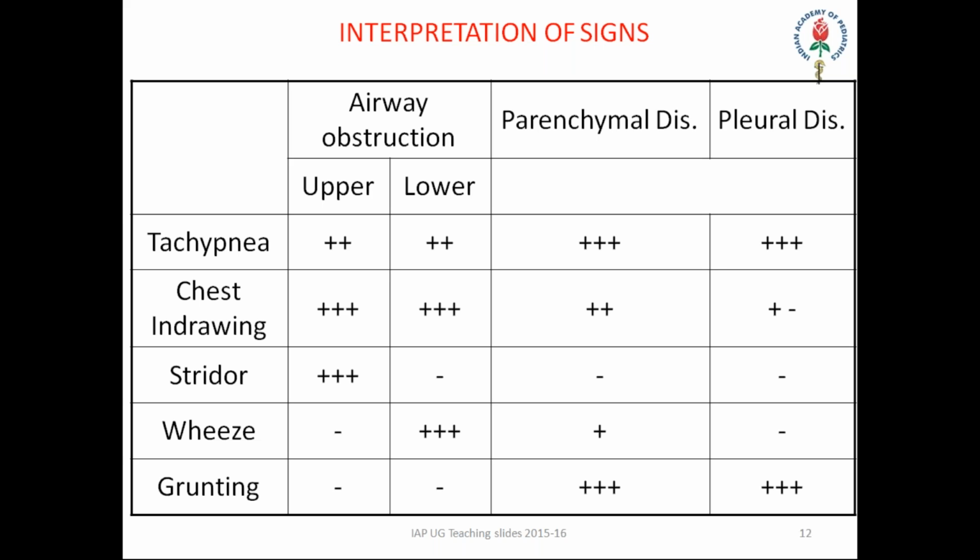So if a grunt is present, you can think it is a parenchymal or a pleural disease and you rule out airway obstruction. If it is between a parenchymal and a pleural disease, with the absence of wheeze, if it is parenchymal, wheeze will be present and chest indrawing will be more in parenchymal when compared to pleural disease. That is the difference.